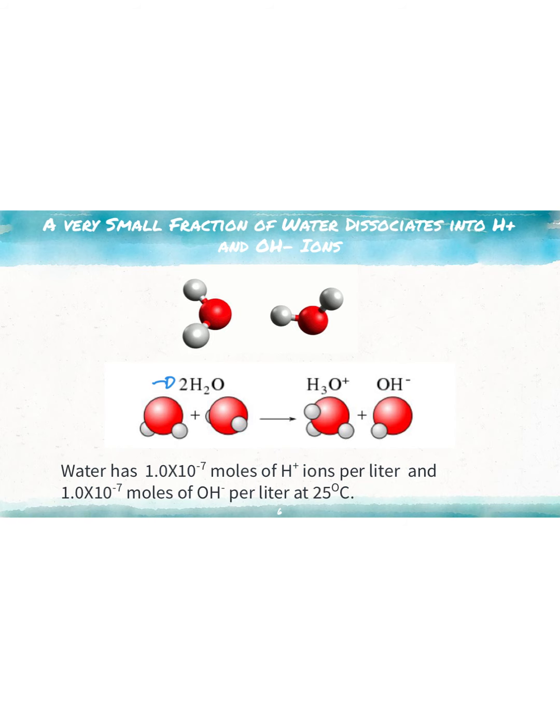And when it does, it forms hydroxide. In actuality, the source of H+ is a species called hydronium. So it's not exactly H+, but it's this H3O+ that's formed. But the H3O+ is the source of H+ in solution.